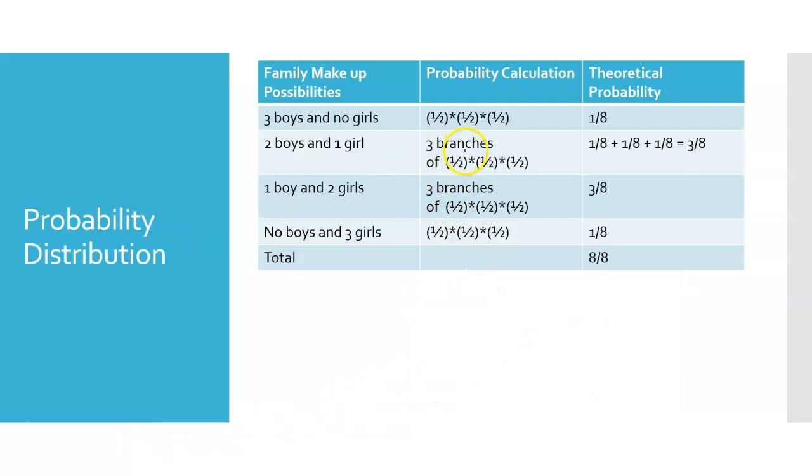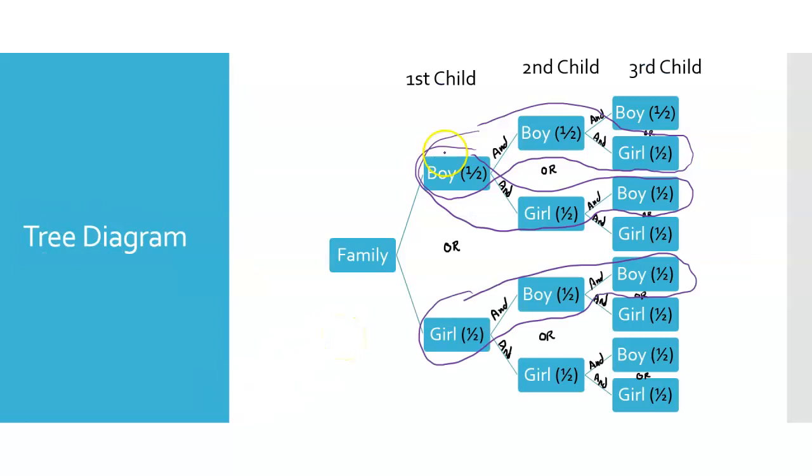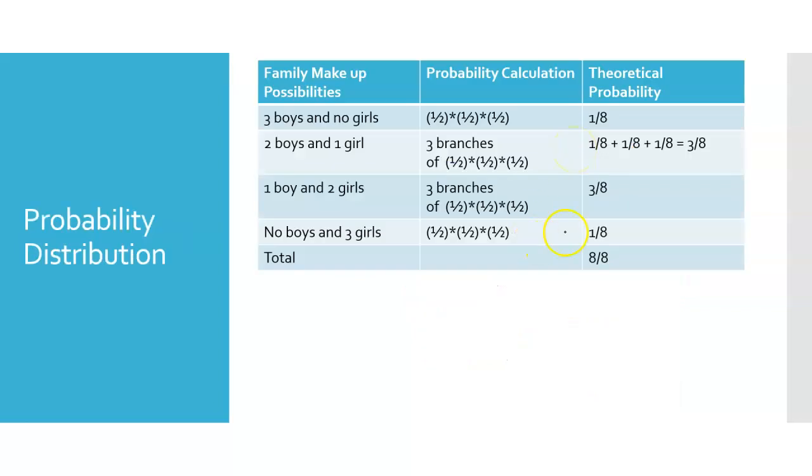And so I have three branches of 1/2 times 1/2 times 1/2, which would be 1/8 or another 1/8 or another 1/8. If you recall, each one of these in between is an or statement, and so we're adding those up. And so 1/8 plus 1/8 plus 1/8 is 3/8. One boy and two girls: again, there's going to be three branches of those, so that's 3/8.